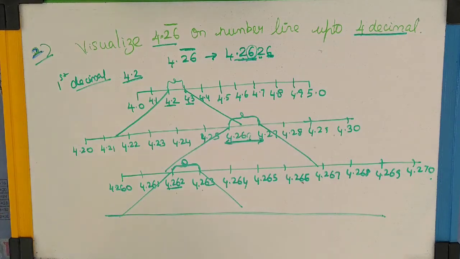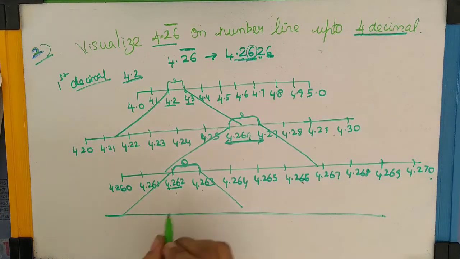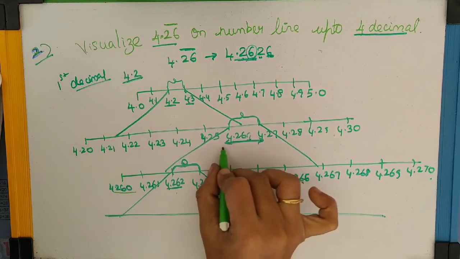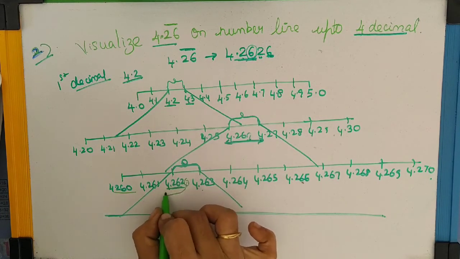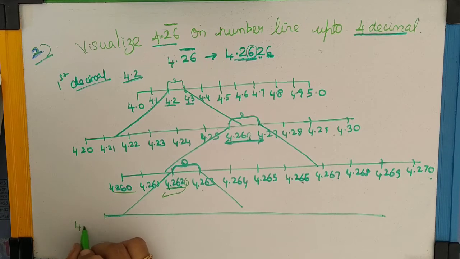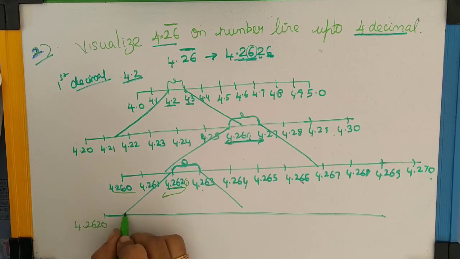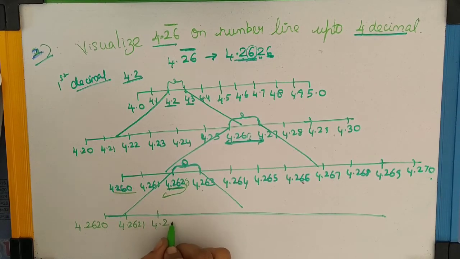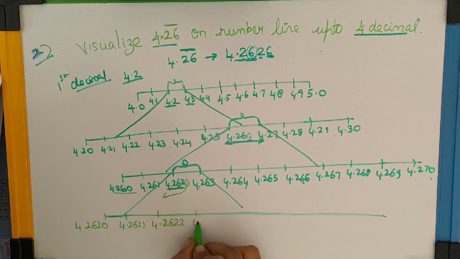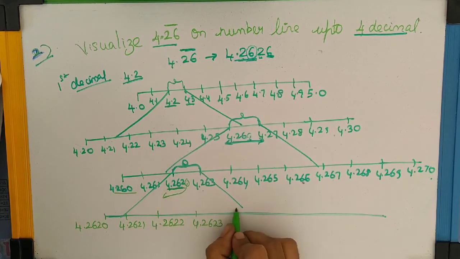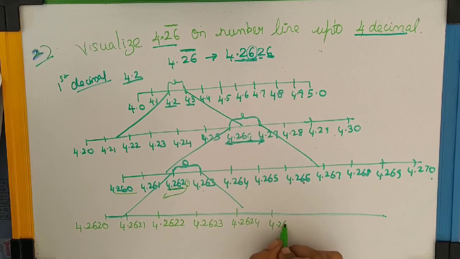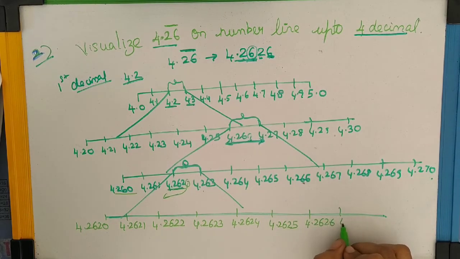So we add the fourth decimal point to 4.262, that is 4.2620, because we are visualizing the fourth decimal: 4.2621, 4.2622, 4.2623, 4.2624, 4.2625, 4.2626, 4.2627, 4.2628 and it goes on.